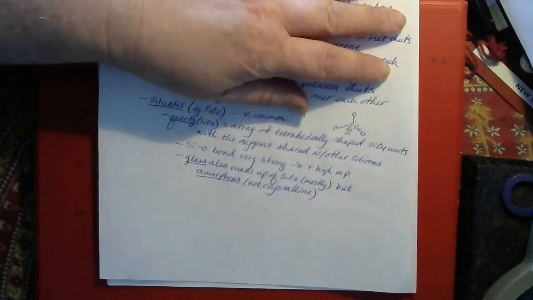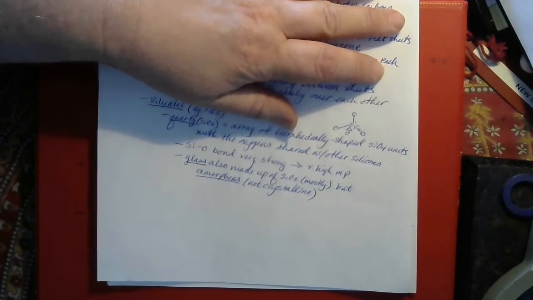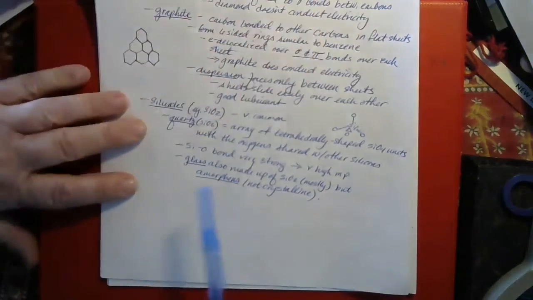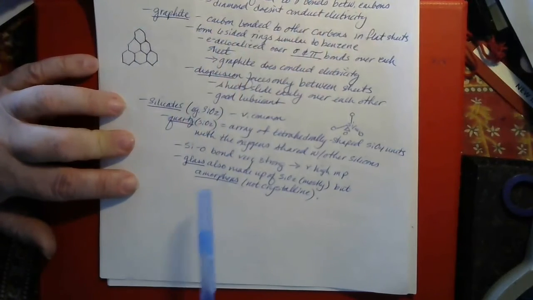You're kind of taking your chances, and if you choose the wrong place to try to cut it, the crack is going to go off in a different direction, and you're going to ruin the piece of glass, and you'll have to try it again. And that's, again, due to the unpredictable arrangement of the molecules in glass versus something like diamond.